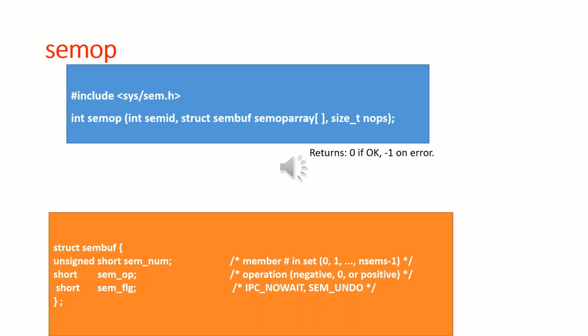The value of semncnt for the semaphore is decremented since the calling process is done waiting, and the absolute value of sem_op is subtracted from the semaphore's value if the undo flag is specified. The absolute value of sem_op is also added to the semaphore's adjustment value for this process.